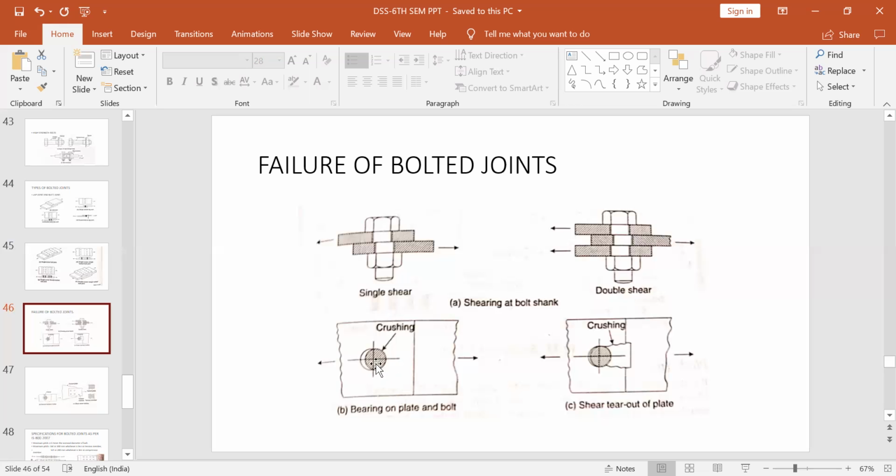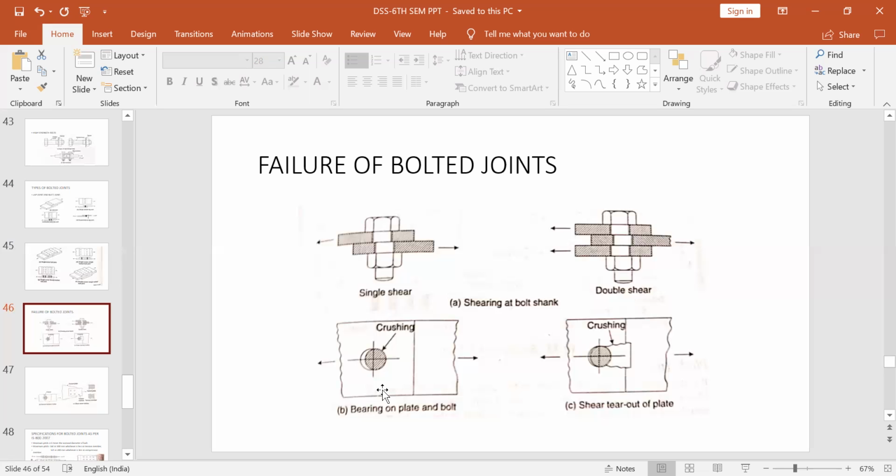Sometimes the bearing strength of the bolt is very high, and before that bearing stress is reached, the bearing failure of the plate occurs. The plate will crush due to heavy load before the bolt crushes. So in that case, the bearing failure will occur on the plate and not on the bolt. Similar action: in the first case, crushing occurs in the bolt; in the second case, crushing occurs in the plate.